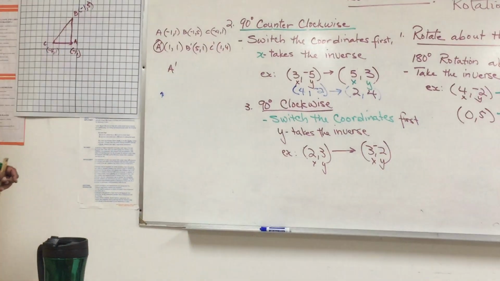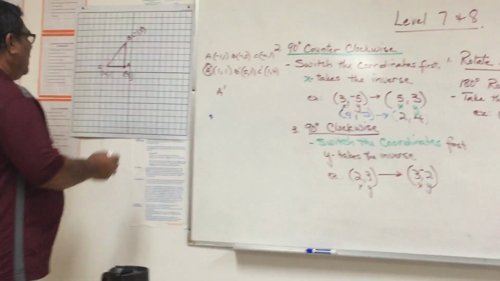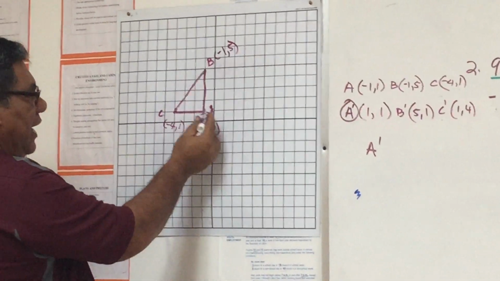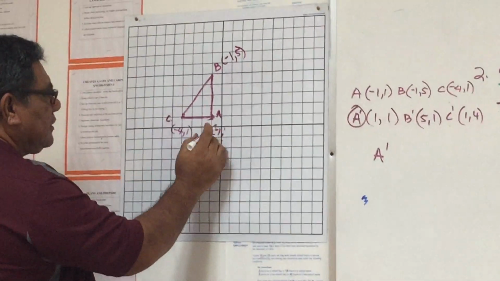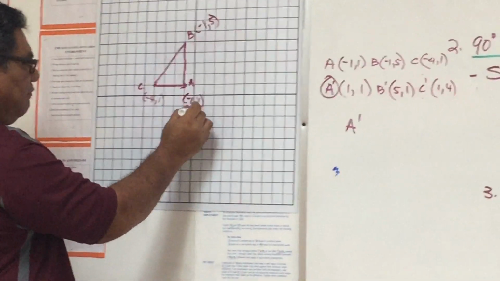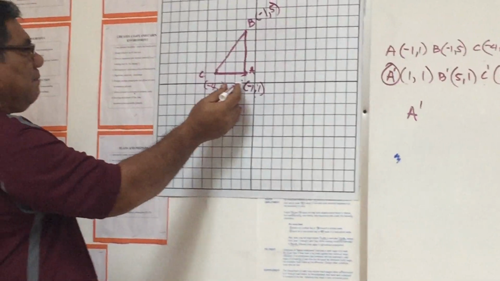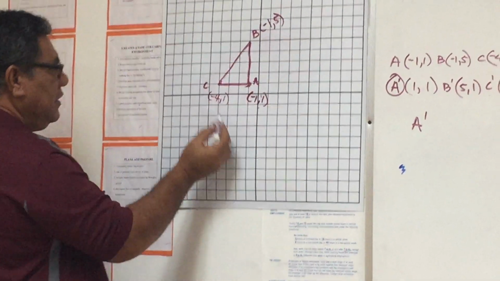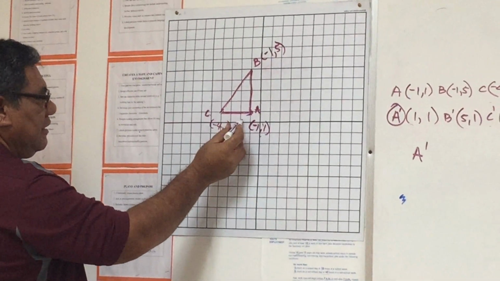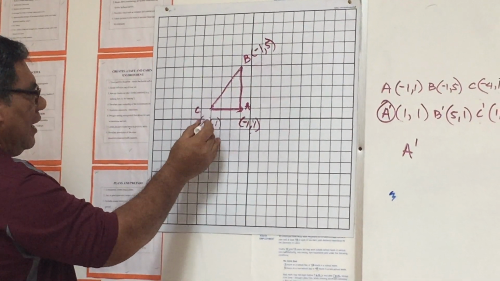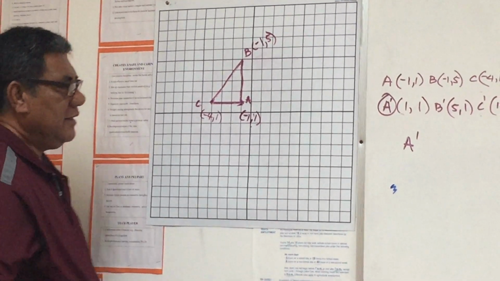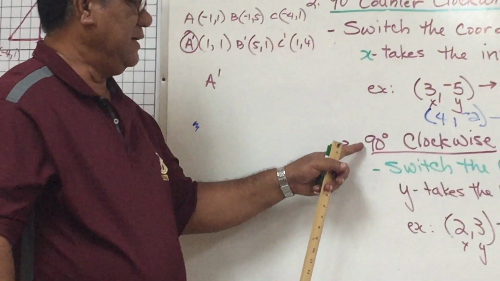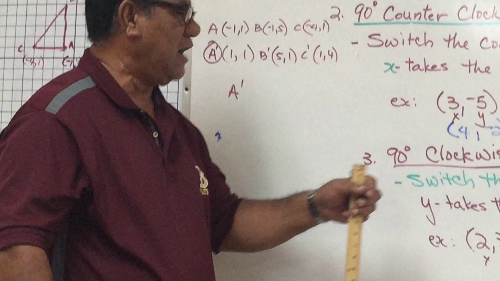Okay, let's look at the example here. Let's say this is the figure. A is -1 and 1. The coordinates of B are -1 and 5. The coordinates of C are -4 and 1. Now let's say they rotate 90 degrees clockwise.